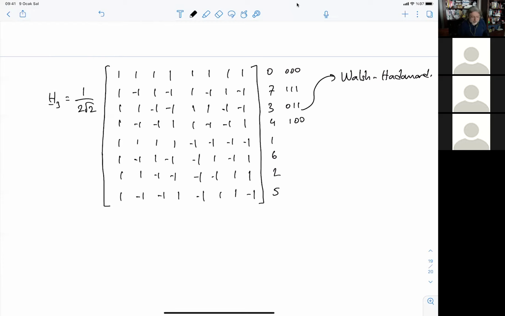Okay, these binary representations. From these binary representations, I'm not going to tell you any further, but it's your duty to take a look at the literature to find a way to assign correct row ordering.